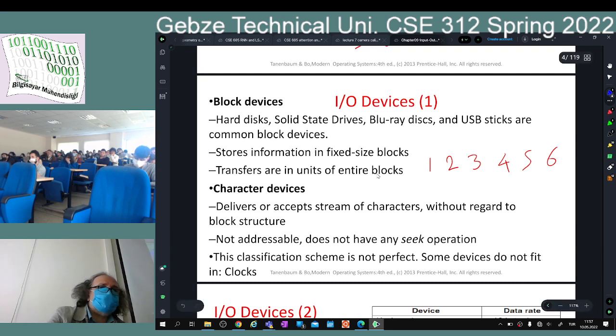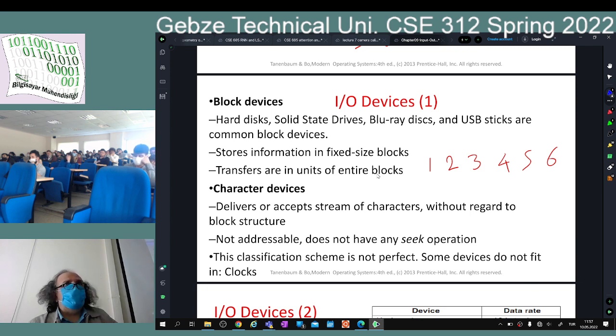The other end is the character devices. Character devices are not addressable, actually. You either say get that value or give me that value. Okay, keyboard is a character device. It gives you characters one by one. It delivers or accepts streams of characters without regard to block structure. You can't say give me the character after 10 characters.